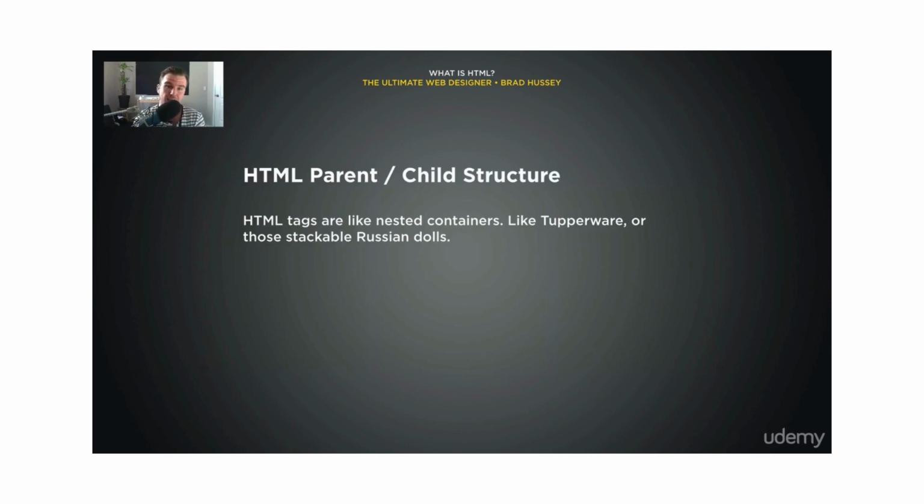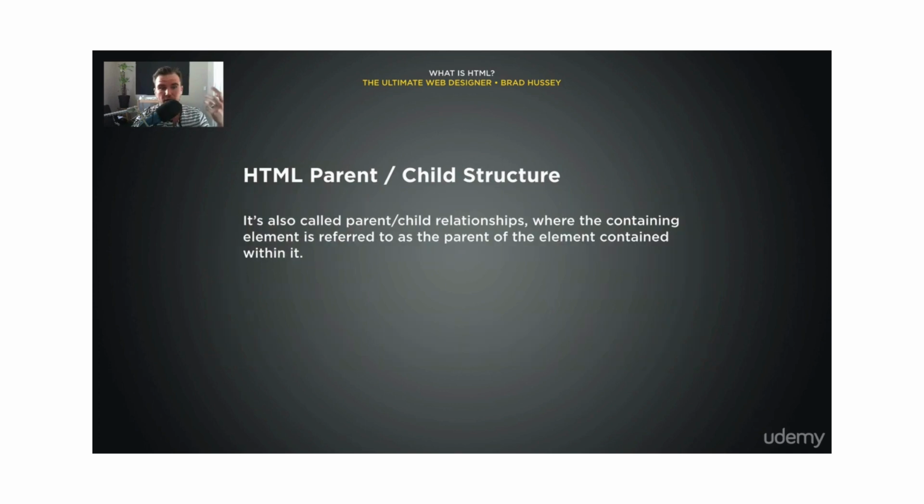HTML tags are like nested containers. So think of it like Tupperware or those stackable Russian dolls that fit within one another. The relationship between the HTML elements is called parent and child relationships, where the containing element is referred to as the parent of the element within it.